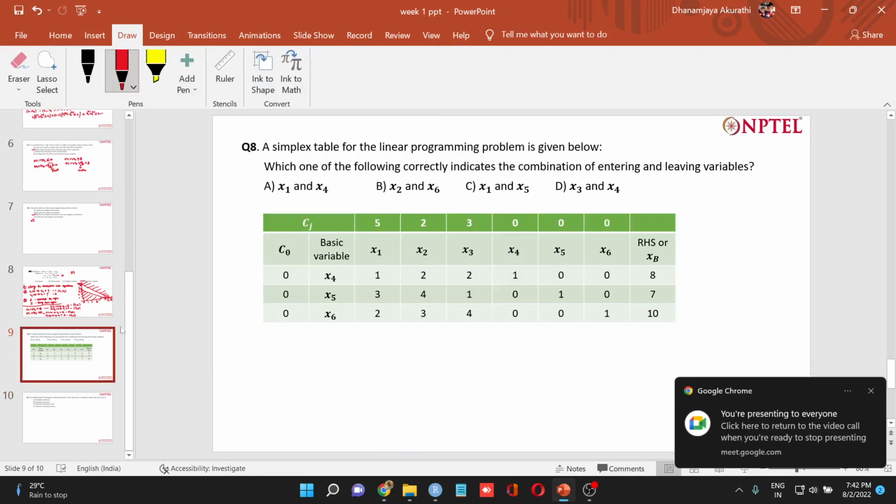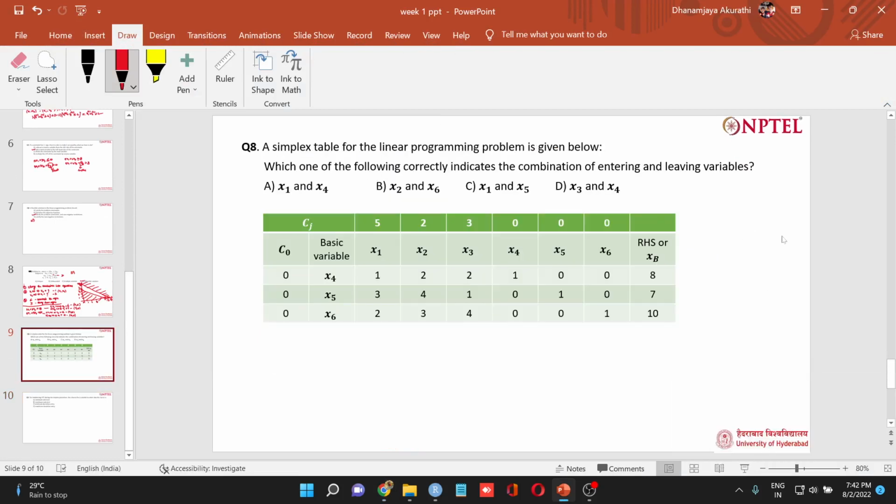Next, coming to the next problem. Here they had given a simplex table for an LPP, and which of the given options is a combination of entering and leaving variables. So let's start.